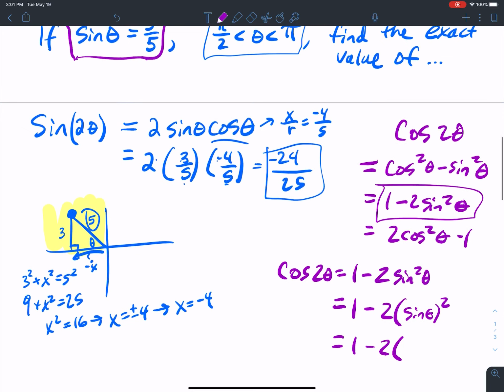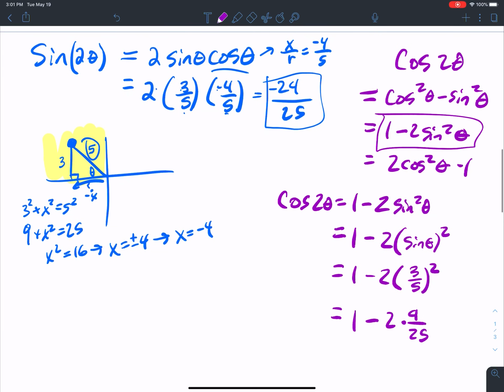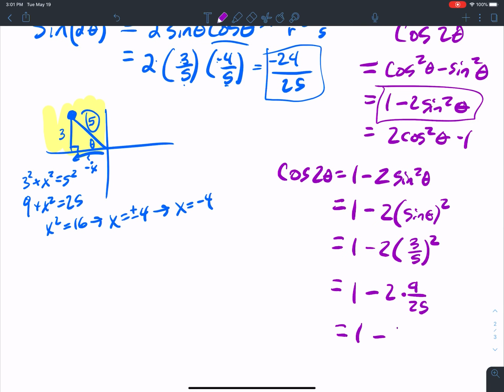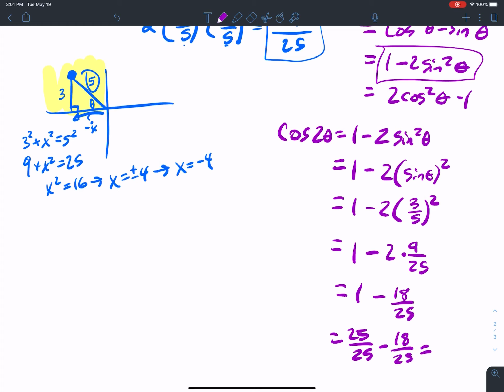So I get 1 minus 2 times 9 over 25. And that's what? 1 minus 18 over 25. And so 25 over 25 minus 18 over 25 gets me what? 7 over 25. Okay.